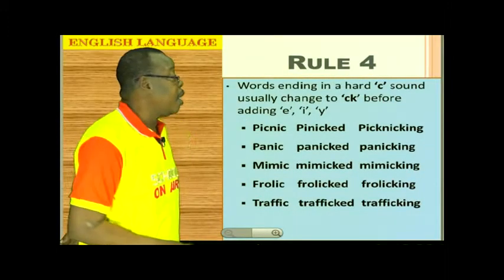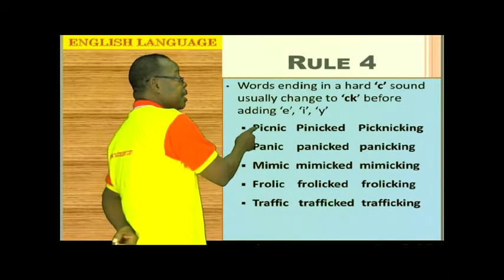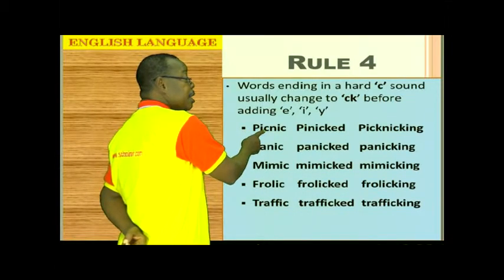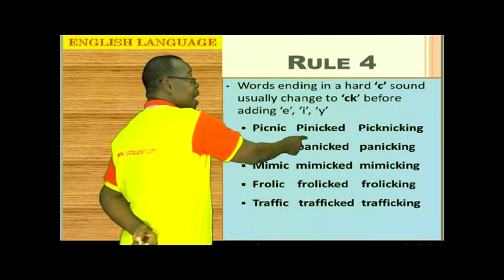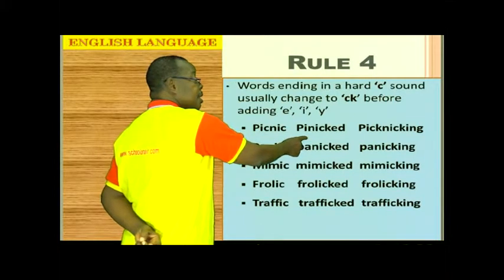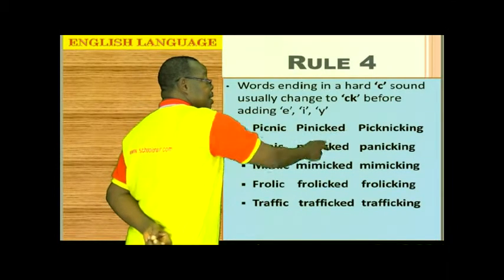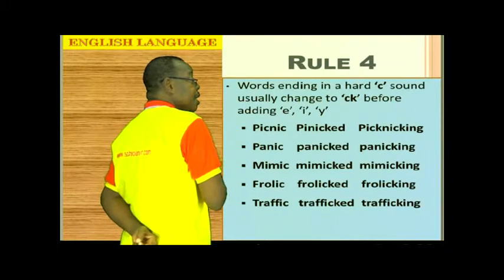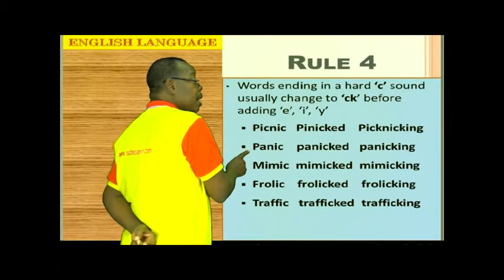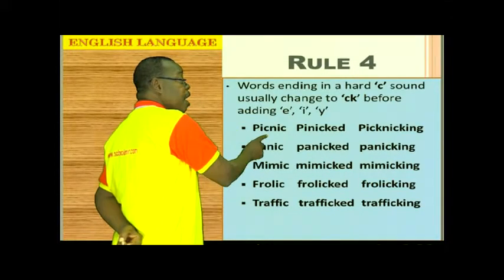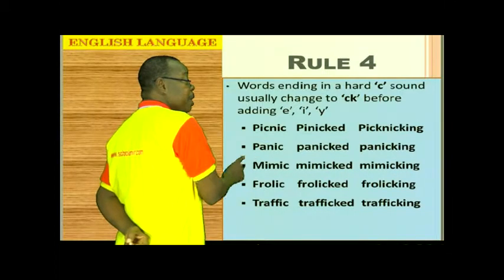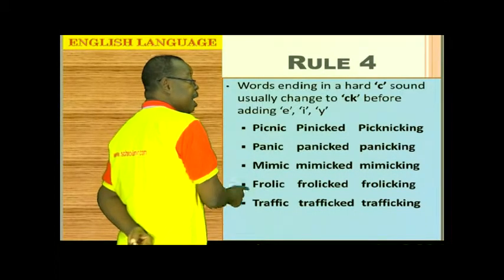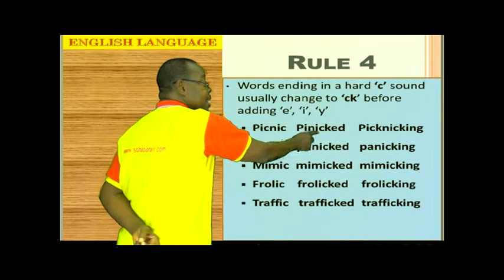Now, look at this one, and then look at the past tense. And then look at this. So you have panic, and then you have picnic, panic, mimic, frolic, traffic. And look at their past tense.